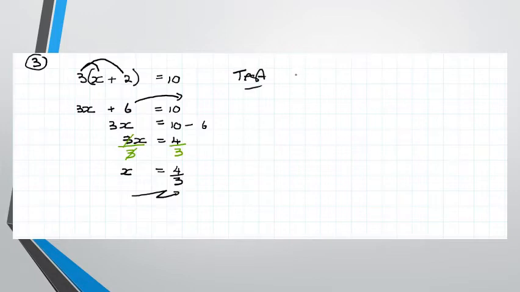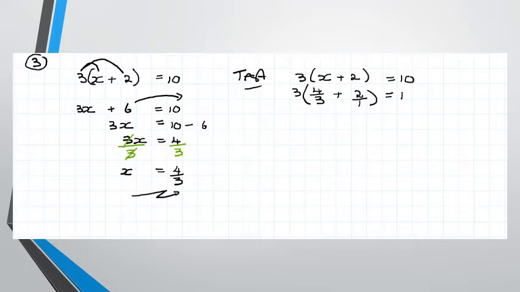I'm writing it down. 3 times (x plus 2) equals 10. In the place of x, I'm going to put now 4 divided by 3 plus, and I do know underneath the 2 actually stands a 1, equals 10.